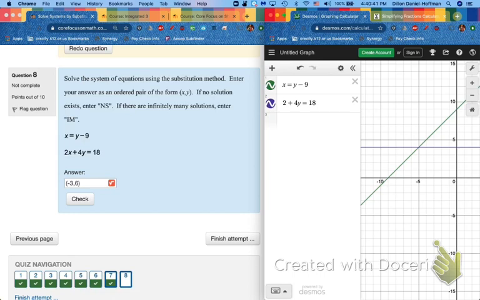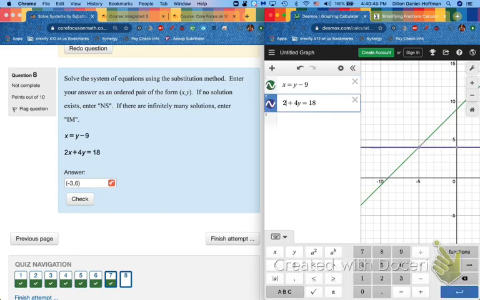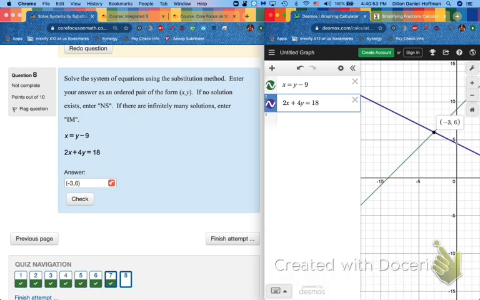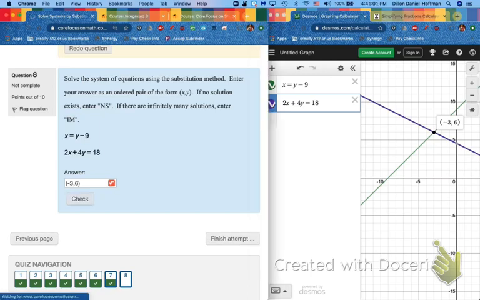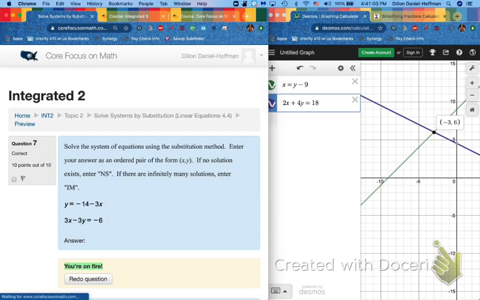Well, I typed in everything correctly. Oh, except for the x here. Oh, show me negative 3, 6. Yes, okay. I was like, please, I really don't want to redo that whole problem. Whew. So glad that I got that right.